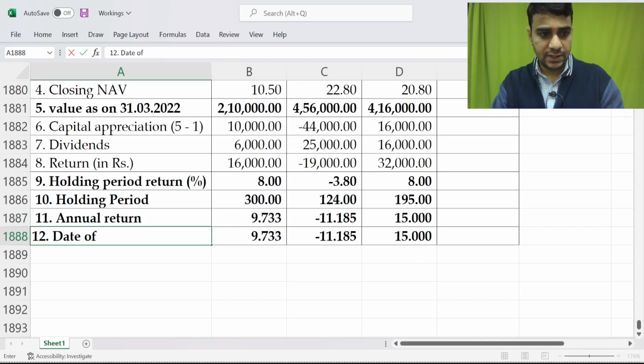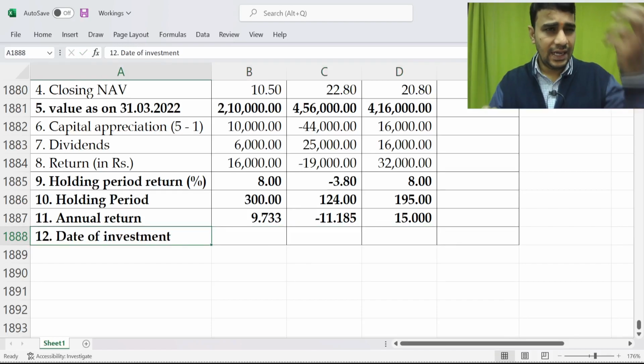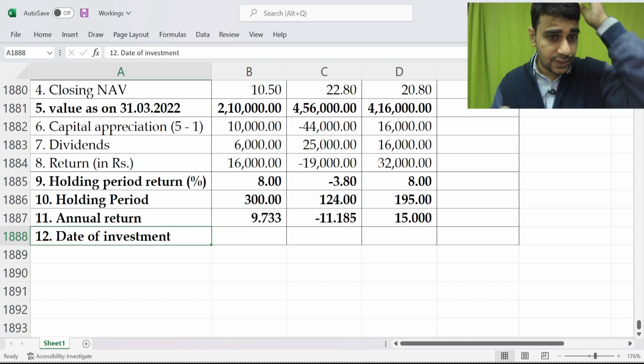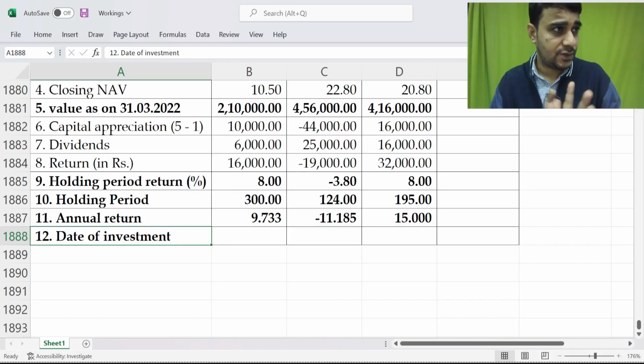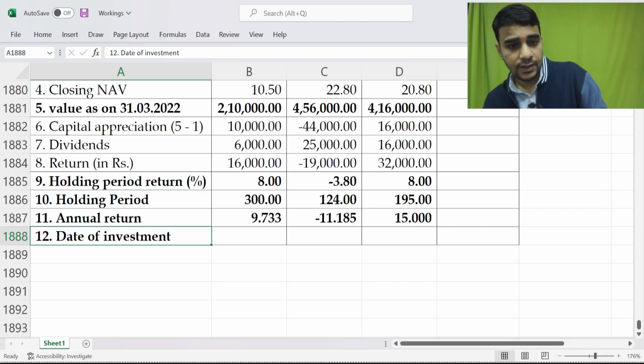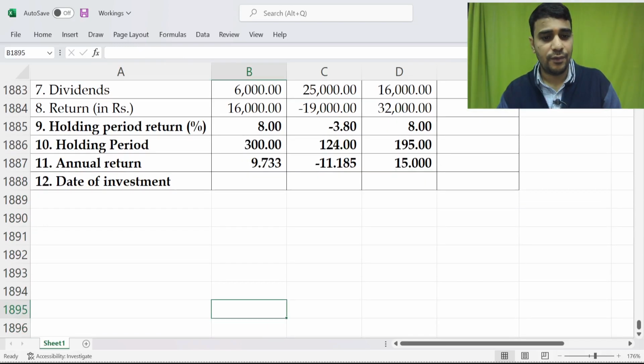Date of investment. I'll take the same assumption which we took in the last question, that 31.3 is also included, date of investment is also included. Let's see if they take some other assumption. So I'll have to do a reverse calculation. 31 days of March, 28 days of Feb, 31 days of January, 31 days of December, November.